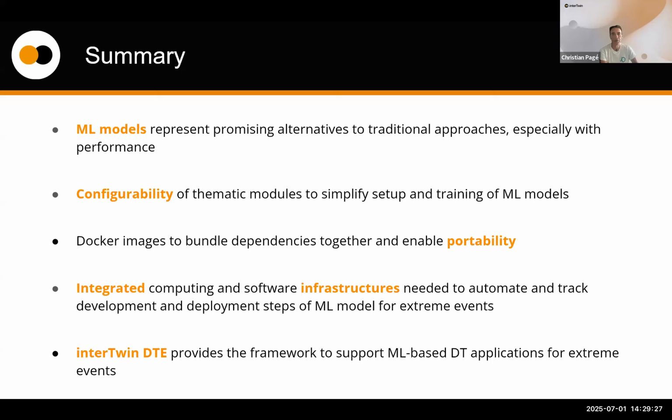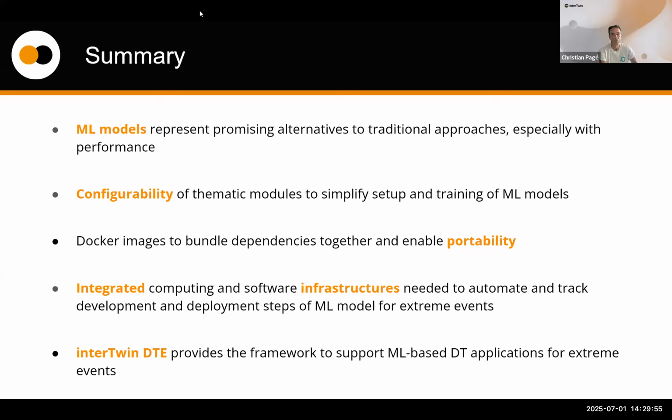Those thematic modules are highly configurable, and they are easy to set up and train using this framework. Docker images are provided so that all the dependencies are pre-installed, and also it enables easy portability among different systems.